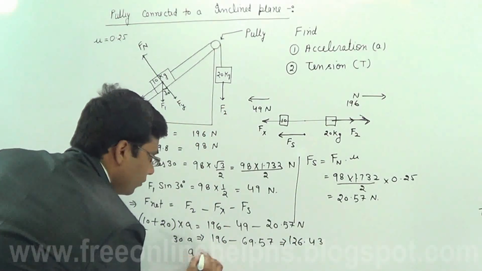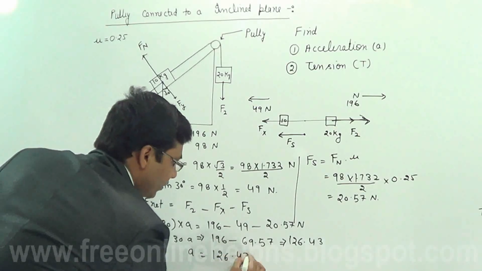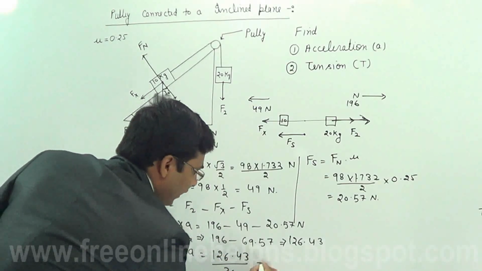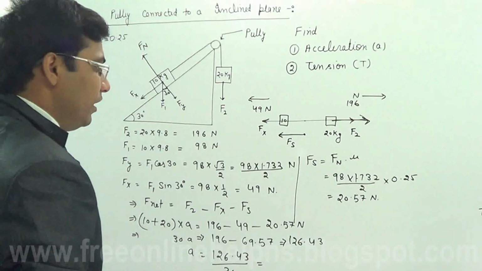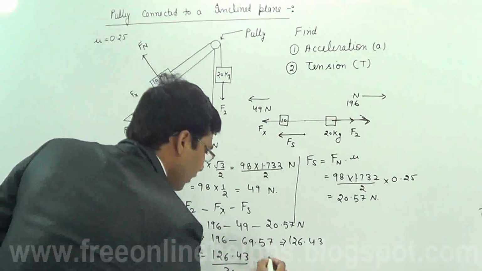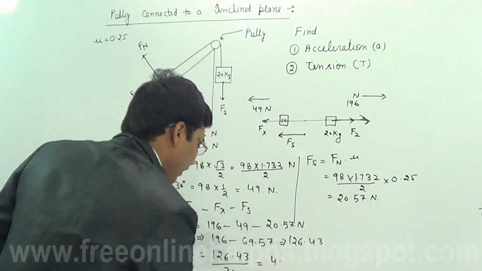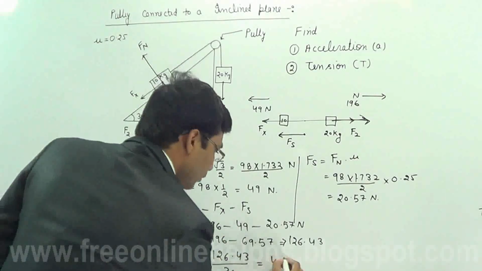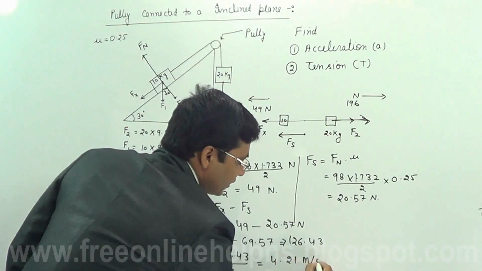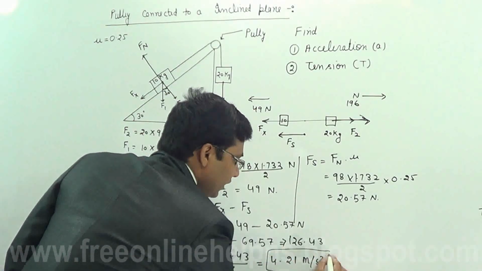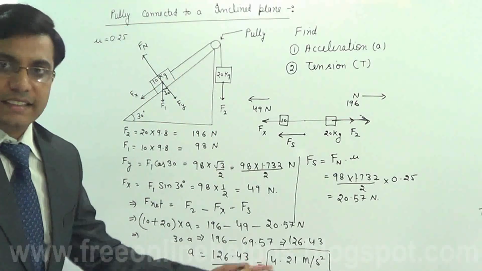So a will equal 126.43 divided by 30, and after calculation we get the acceleration as approximately 4.21 meters per second squared. This is the value of acceleration.